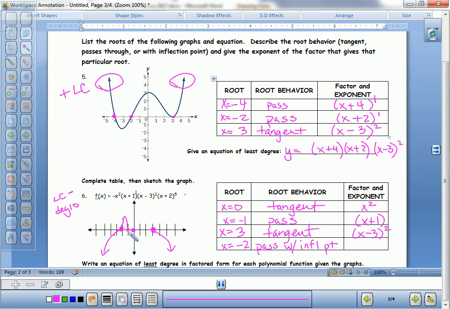At 0, it is tangent, so we got a quick bounce back. And at +3, it is tangent, so we got to bounce back. This is hard to see. So I might show my teacher, inflection point right here. I'm actually writing it to show my students that there's an inflection point because I didn't do a great job graphing that.